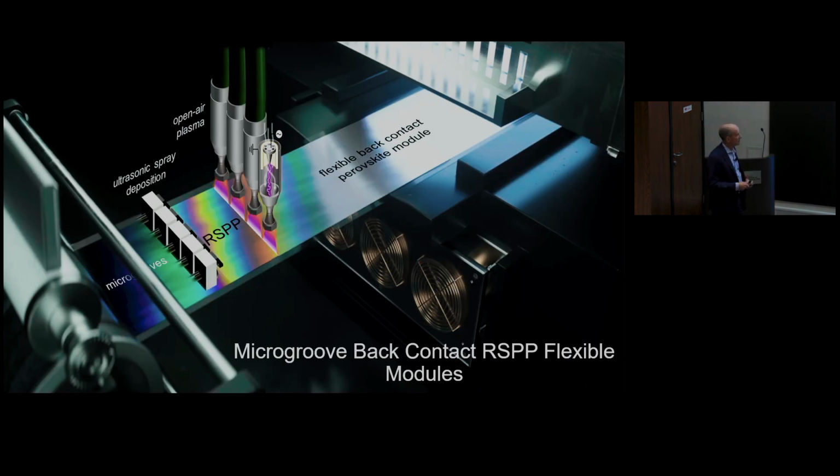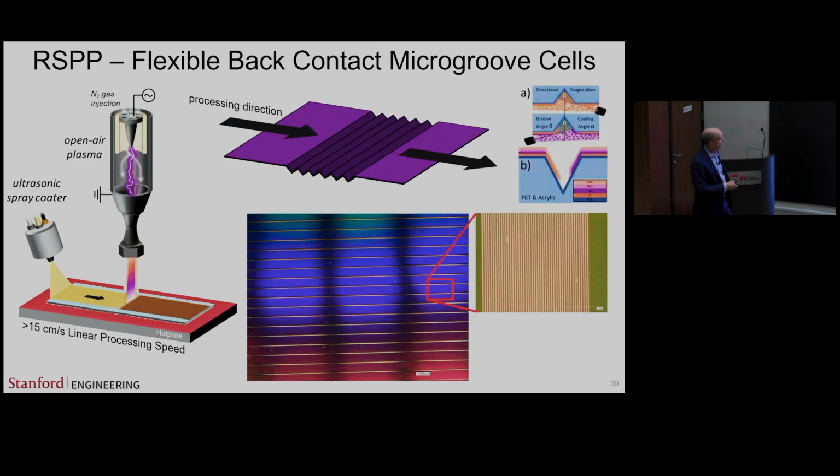We have an active program on this currently, using a microgroove concept, and this is showing the ganged deposition with ganged ultrasonic spray systems, and then the plasma processing of a fully flexible microgroove system. And that looks a little bit like this. There are microgrooves formed on the substrate, and the microgrooves have opposite charge transport layers on each side of the groove.